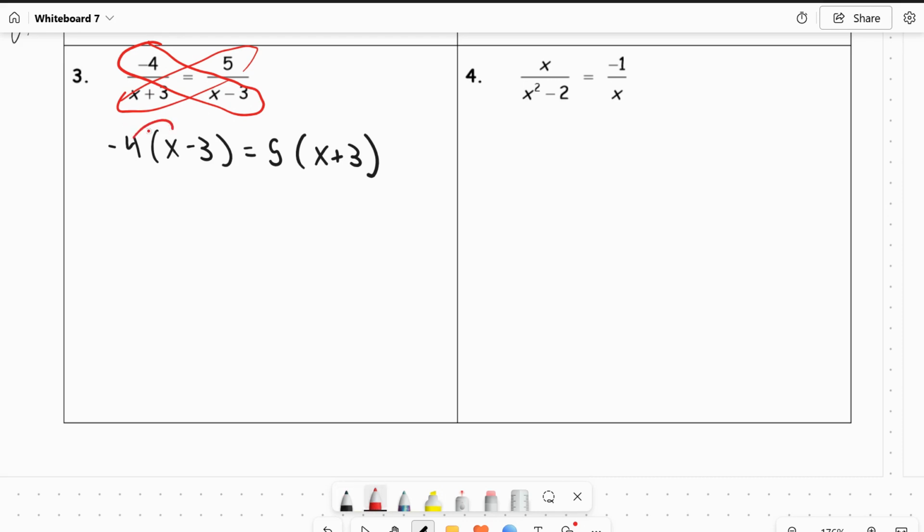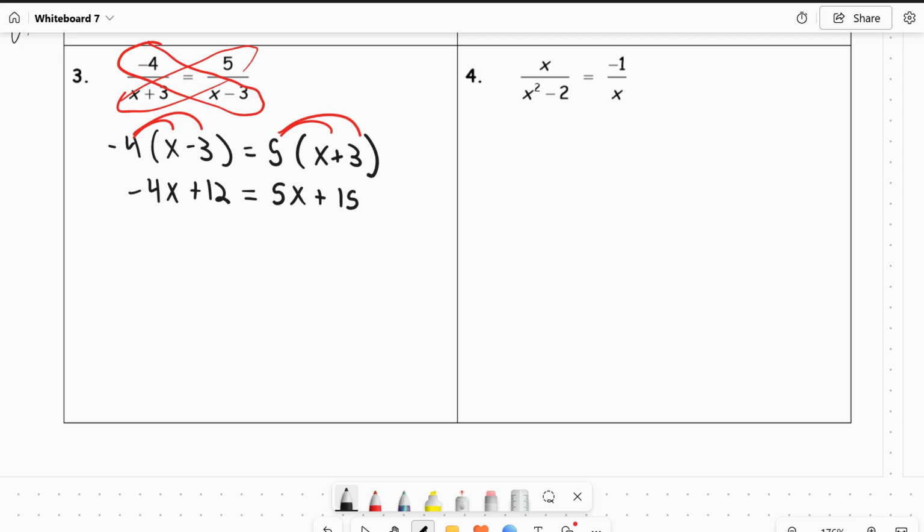Going to go ahead and distribute on both sides here. So that would give me negative 4x, negative 4 times negative 3, which gives me 12, equals 5 times x, which is 5x, 5 times 3, which is 15.